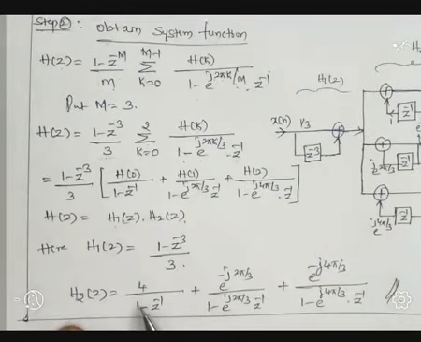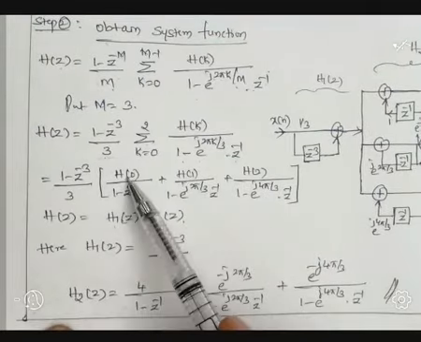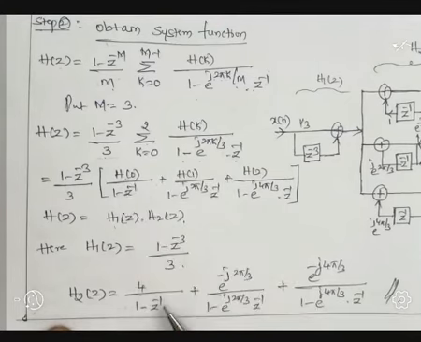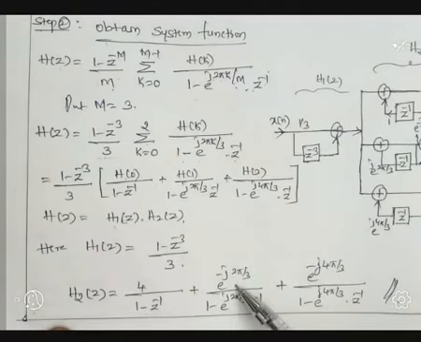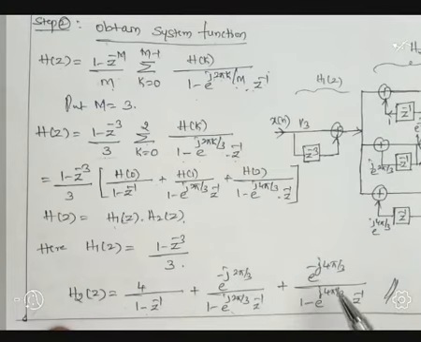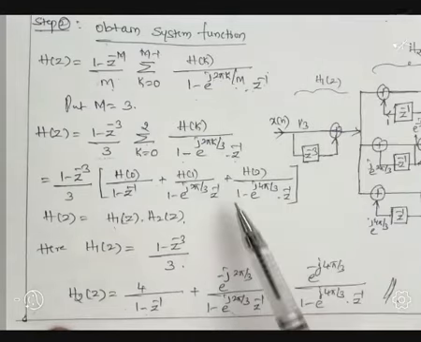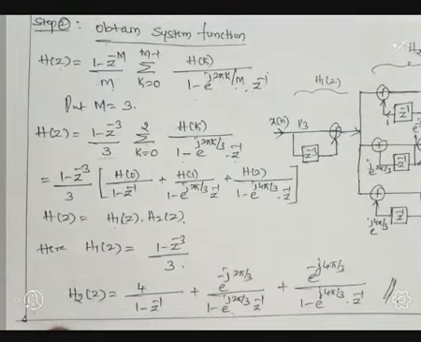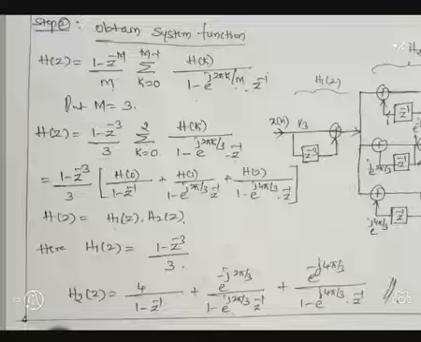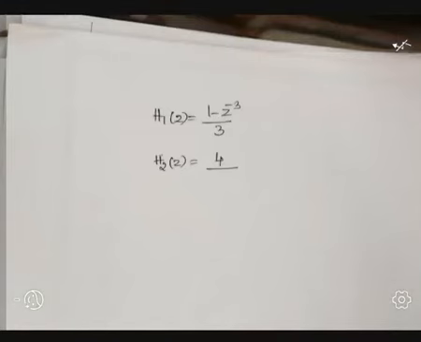So H2 object becomes, H of 0 is 4, 4 divided by 1 minus z to the power minus 1, plus H of 1 is e to the power minus j 2 pi by 3 divided by, this is same, plus h of 2 is calculated, that is e to the power minus j 4 pi by 3 divided by, this denominator remains same. Now sketch this, realize this H1 object and H2 object.